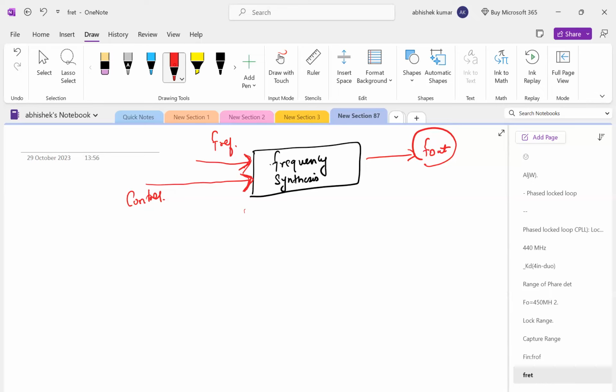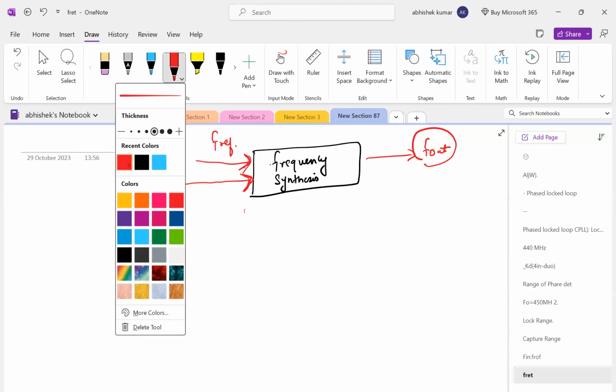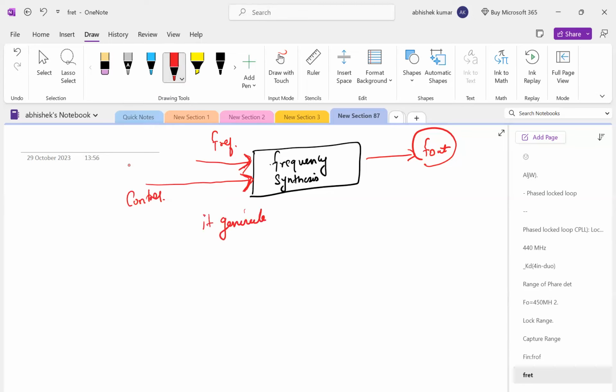Okay. Let's see. We want to generate a signal at a different range of frequencies. The solution is frequency synthesis. It generates one of many different frequencies, all derived from one fixed frequency reference oscillator.